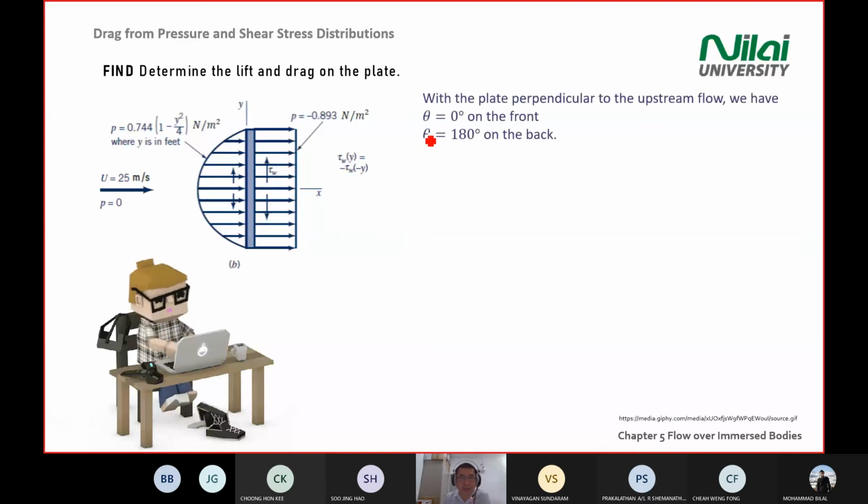Just to repeat, the important thing is the angle. The angle for the front is 0 degree. The back is 180 degree.